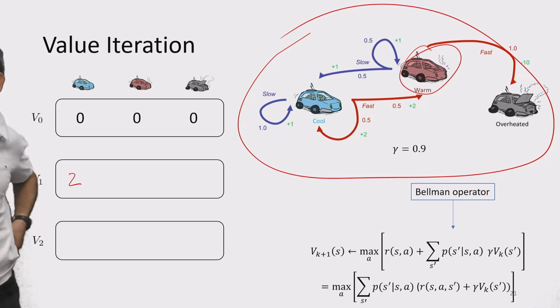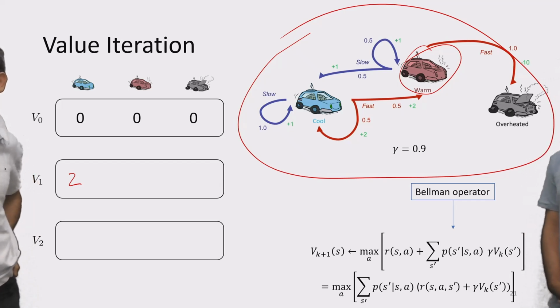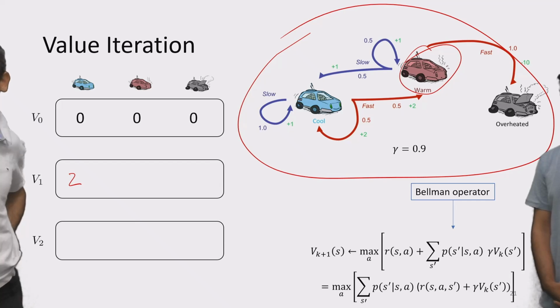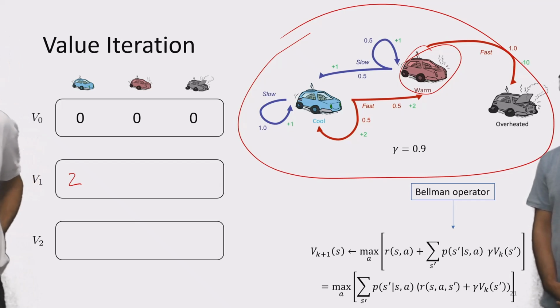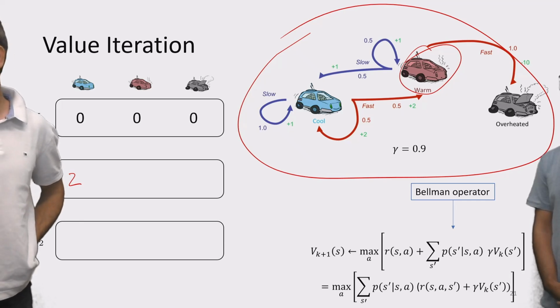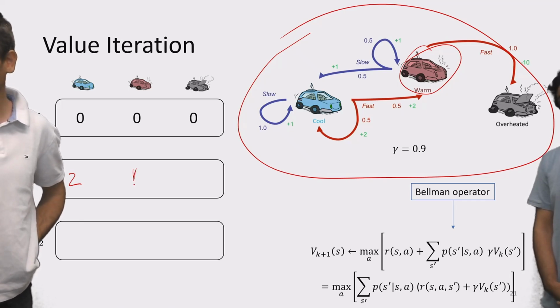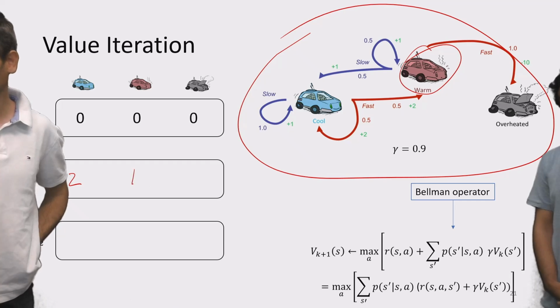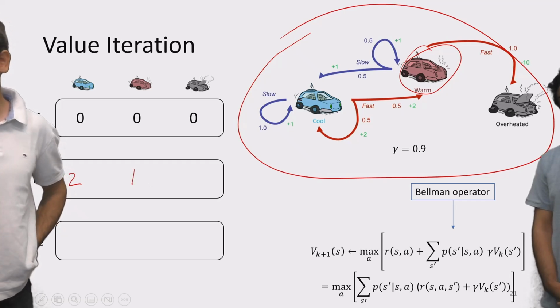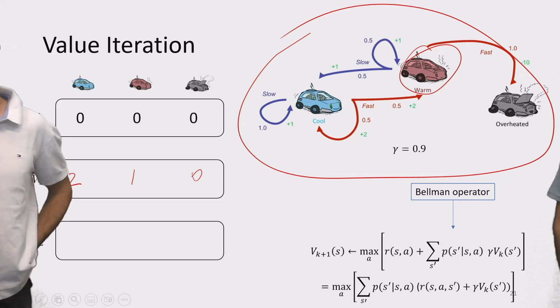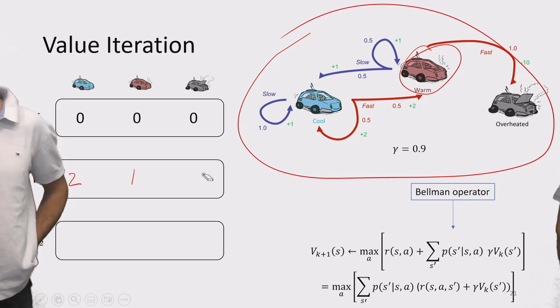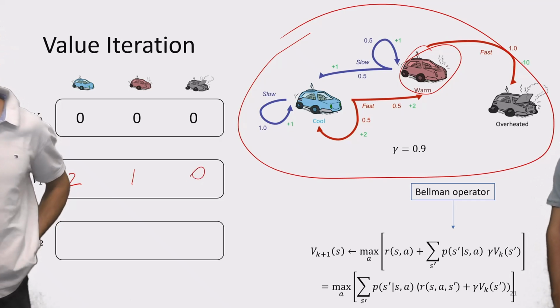You can do slow and you'll see an immediate reward of plus 1, and the future rewards still depend on zeros. So V1 for state warm is simply 1. And overheated, well, there's nothing much to do there. The game is over.